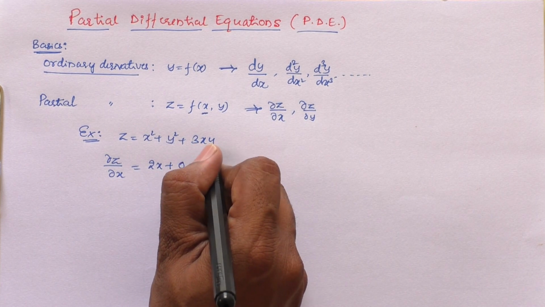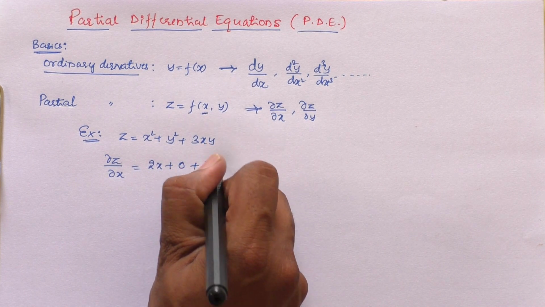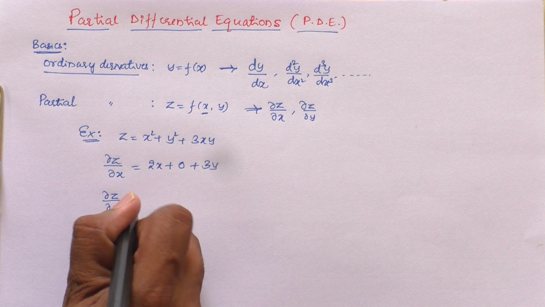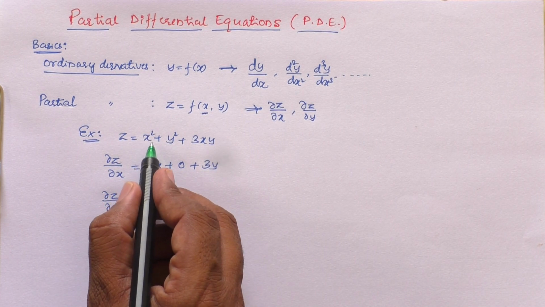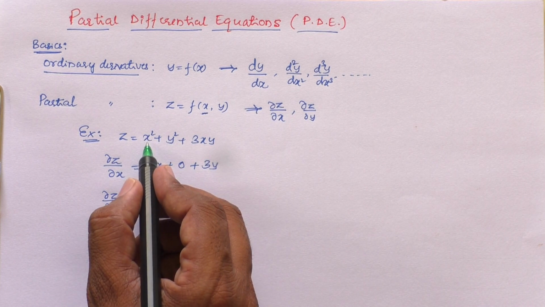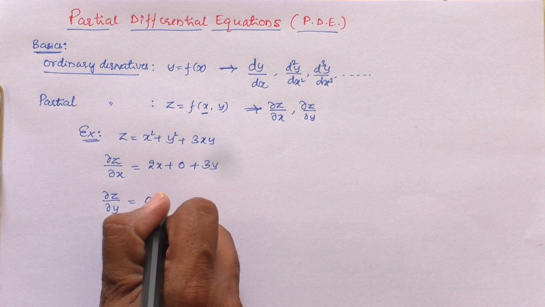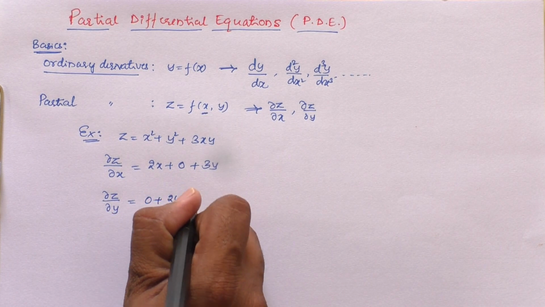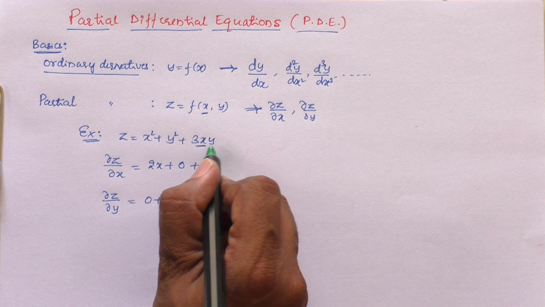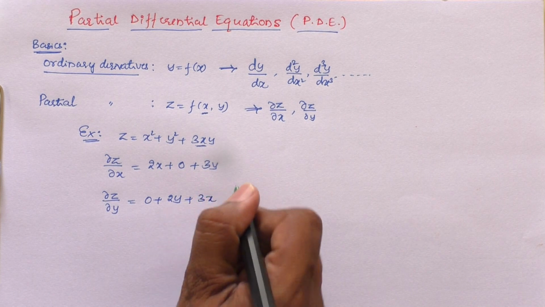Now 3y is constant and x derivative is 1, so 3y. So 2x plus 3y. Dou z by dou y, differentiate z with respect to y. When you are differentiating with respect to y, treat x as constant. So derivative of constant is 0, plus 2y, plus, now with respect to y, 3x is constant, y derivative is 1, so plus 3x. This is what we get.